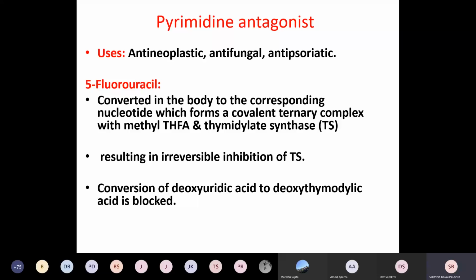Pyrimidine antagonist, example 5-fluorouracil. These drugs have a broad spectrum: anti-neoplastic, that is anti-cancerous, antifungal and anti-psoriatic.